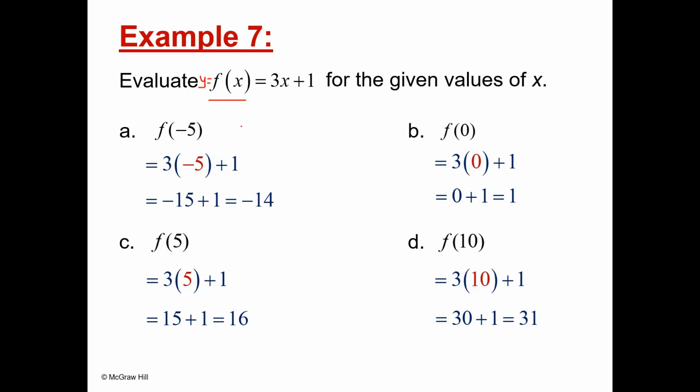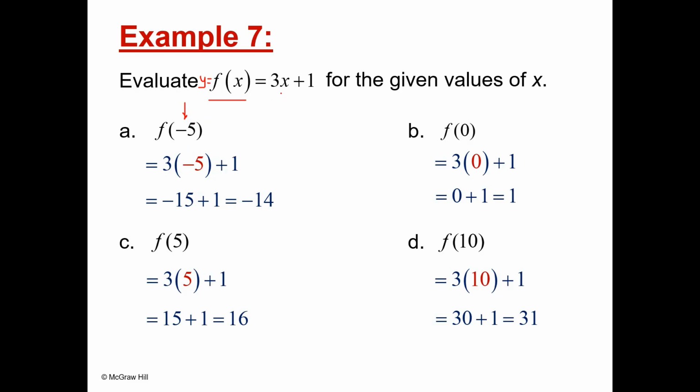Now, let's evaluate this function at a certain point. For example, in the first part, we will find f of minus 5, which means that x is equal to minus 5. So what you need to do is to replace the value of minus 5 in x here in the function.